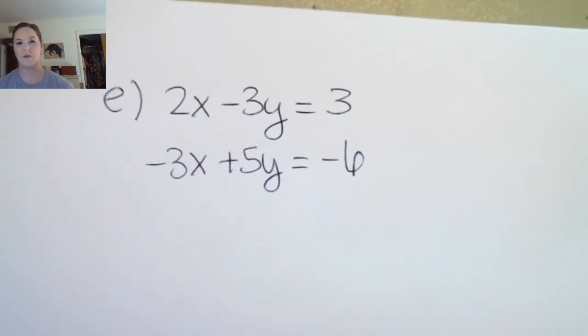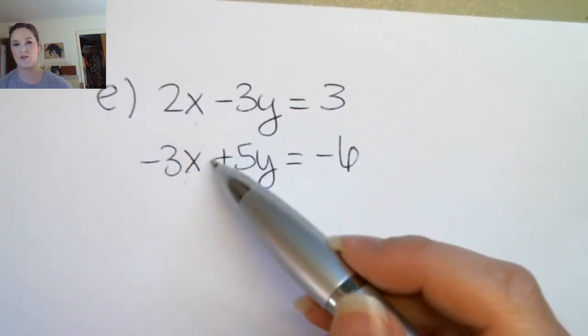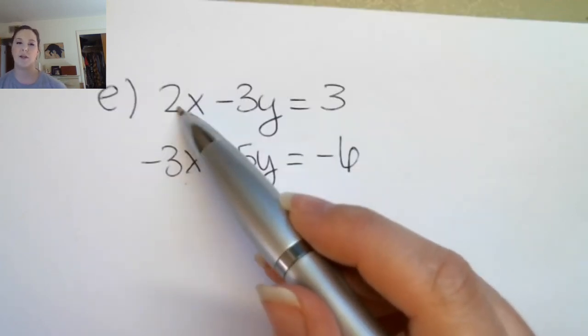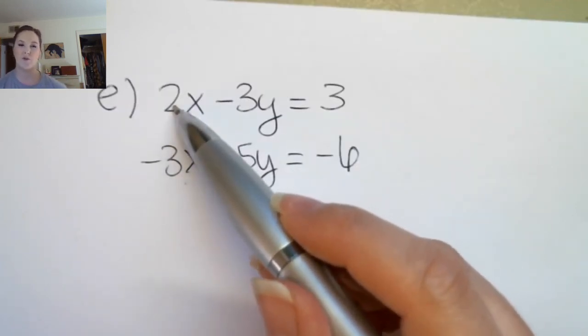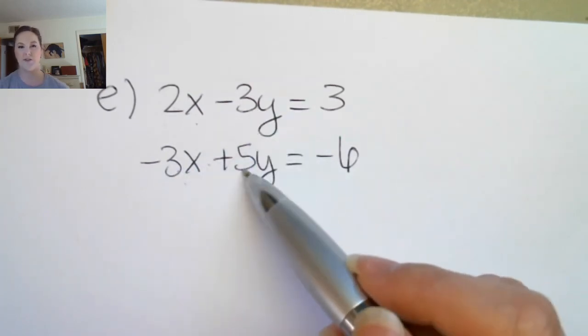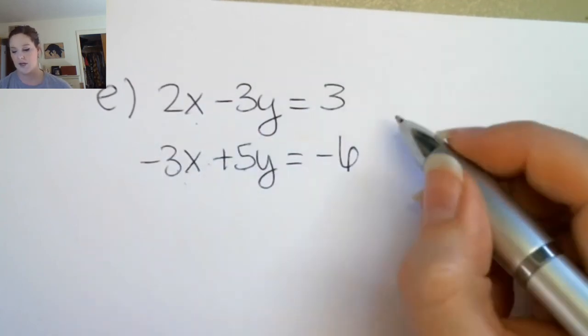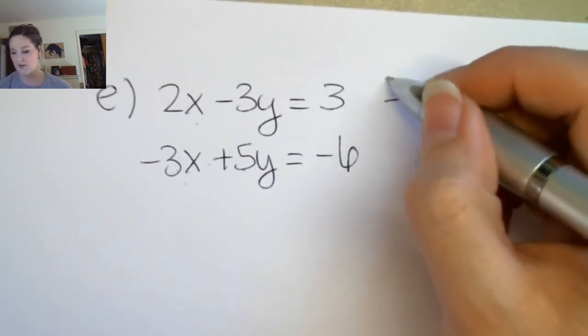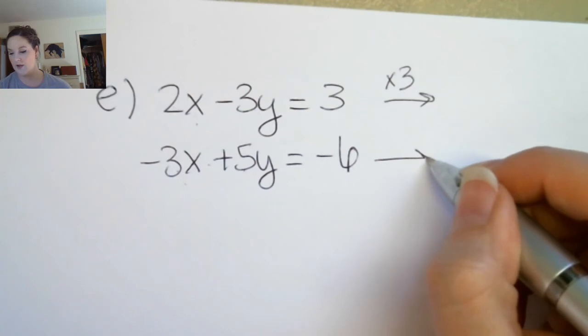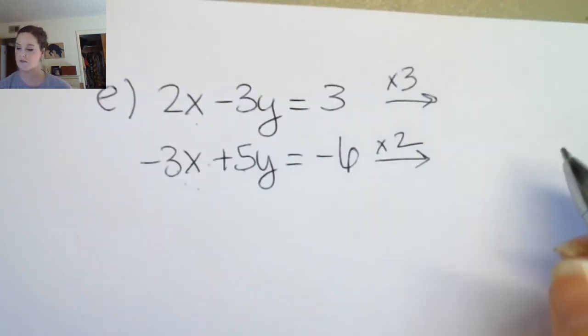Okay, so in this example, you can see that we're going to have to multiply both of them by something, right? You can't pick an integer that when you multiply 2 by that integer, you get 3. Same here. You can't multiply 3 by anything to get 5. Okay, so if we're trying to eliminate x, we might multiply this by 3 and this by 2, because then we'll have 6 and -6.